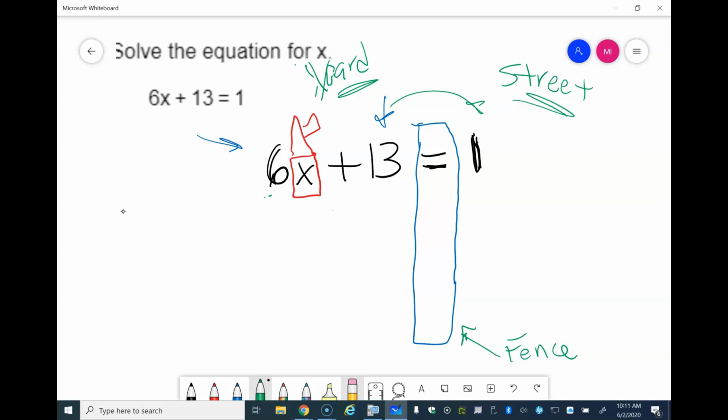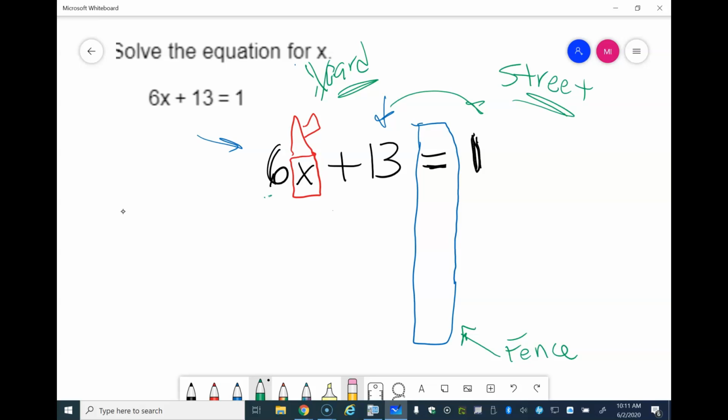So what we need to do is we have the 6 and the 13 that need to go on the outside. Always remember, move the number or letter that's furthest away from the house first. If you look at the 6 and the 13, which one is going to be the furthest away? That's going to be the 13. So we're going to move that over the fence into the street.